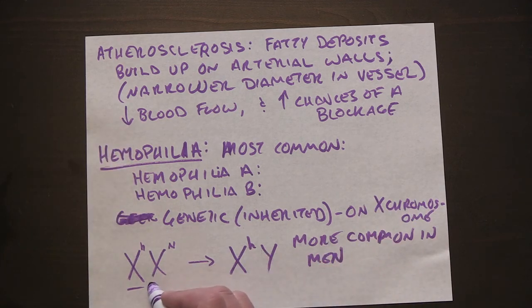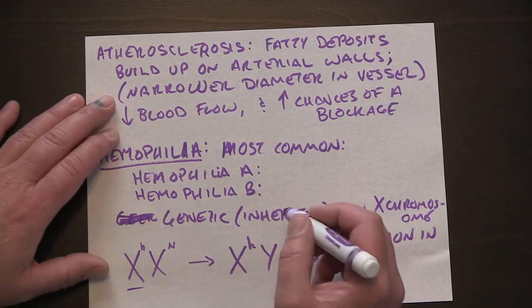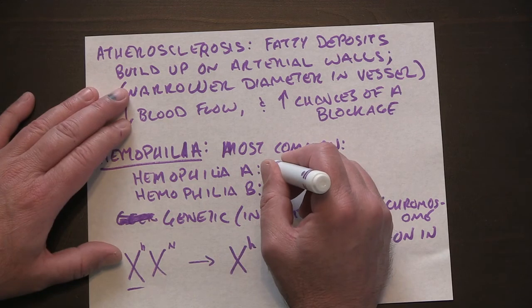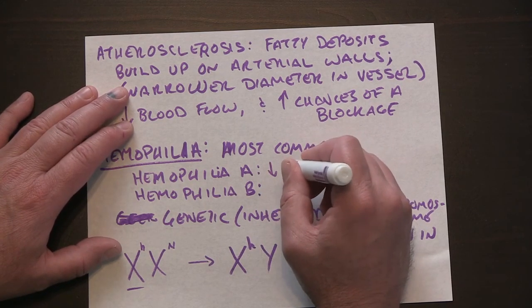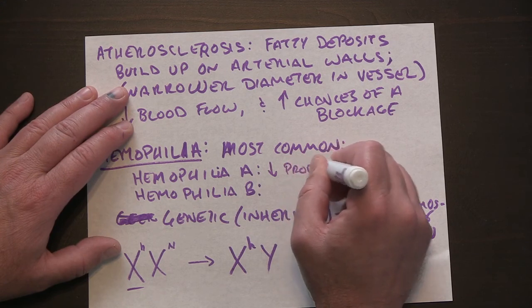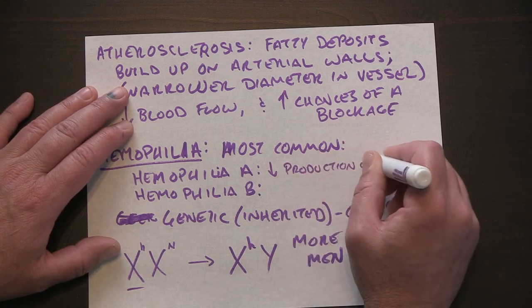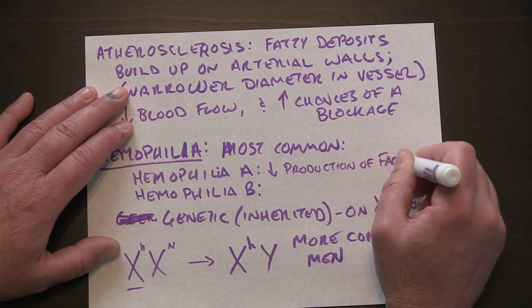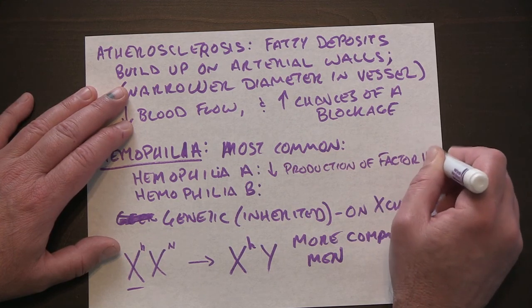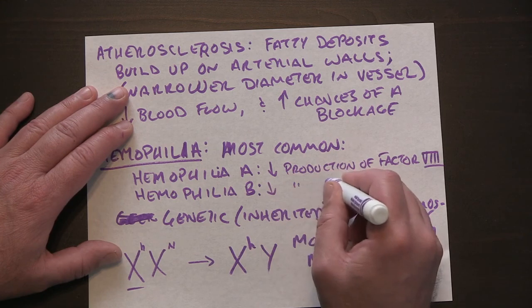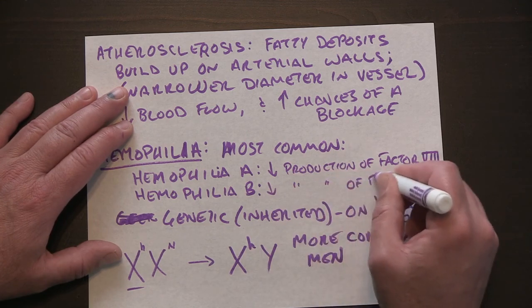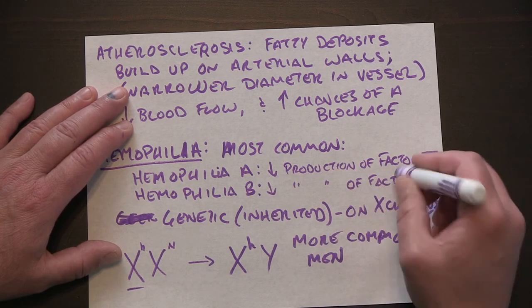Women need 2 copies of the diseased X chromosome in order to have hemophilia. Basically, hemophilia A patients have reduced production of factor VIII, and hemophilia B patients have reduced production of factor IX.